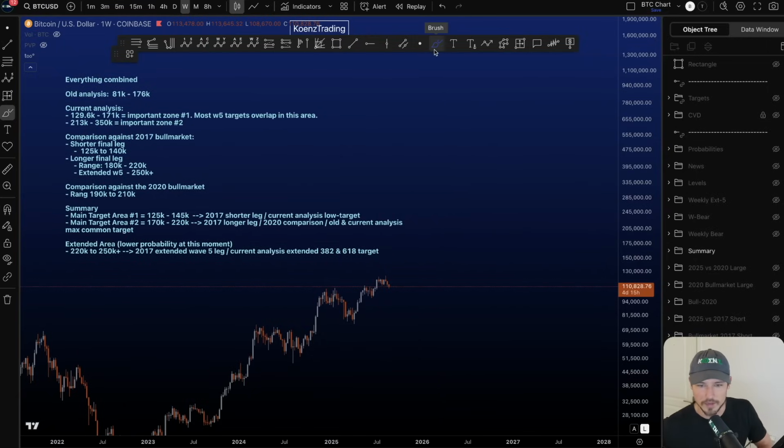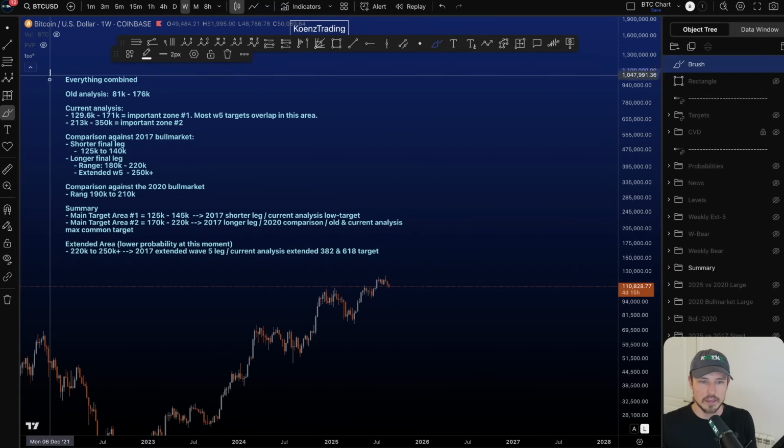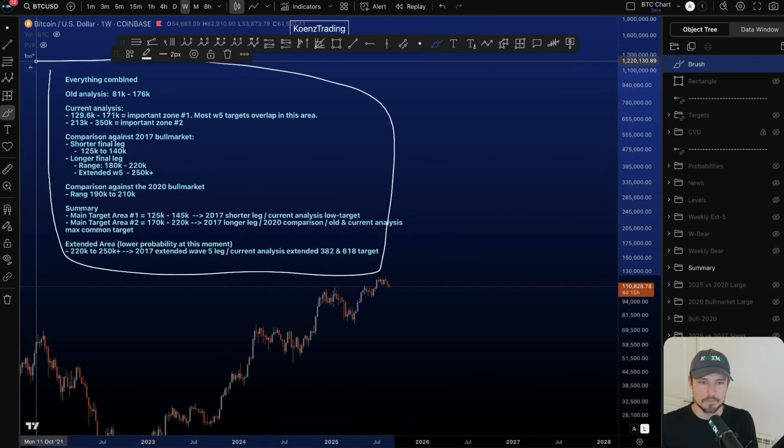I'm an Elliott Wave nerd. So if we combine everything, meaning my old analysis from 8 months ago, the current analysis on the chart, the comparison against 2017, both with the longer and the shorter final leg, right, depending on where we are, and the comparison against 2020, we get this.